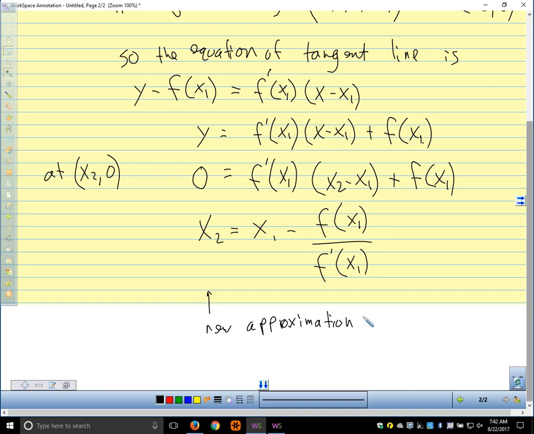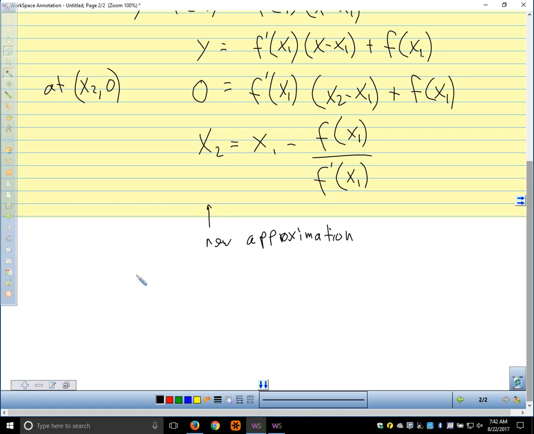And then what we would do from here is we're going to iterate this process for our new approximations. So we're going to say x2 is our new approximation. So x3 is x2 minus f of x2 over f prime of x2. So I'm going to say iterate new and hopefully better, usually better, approximations.